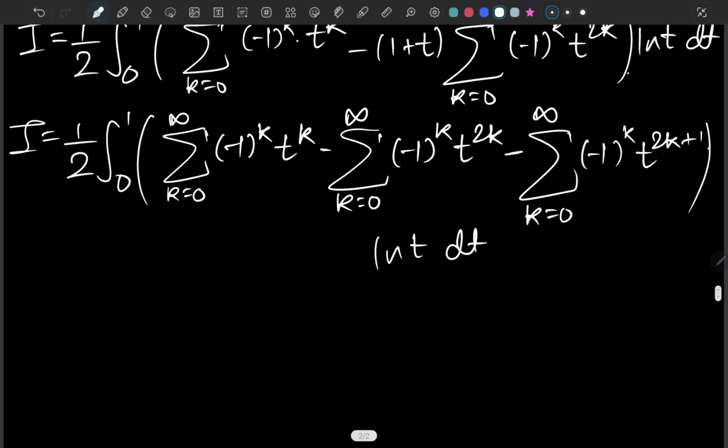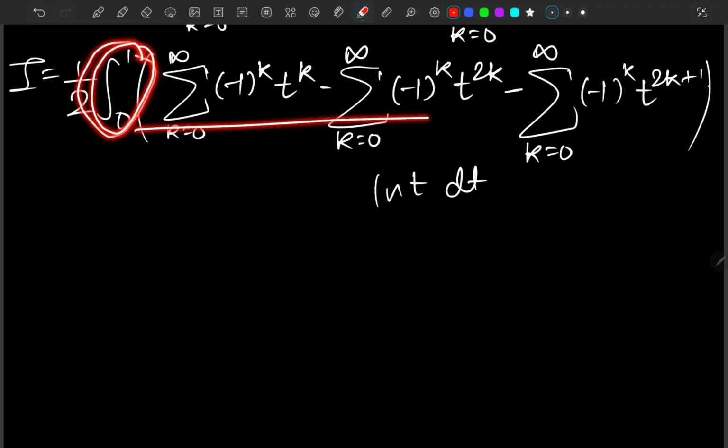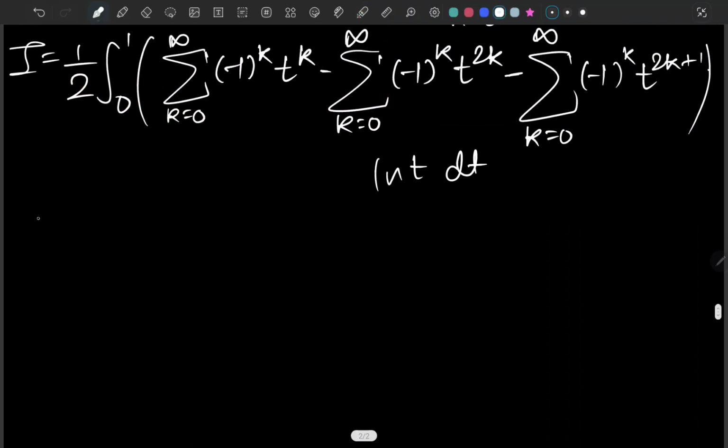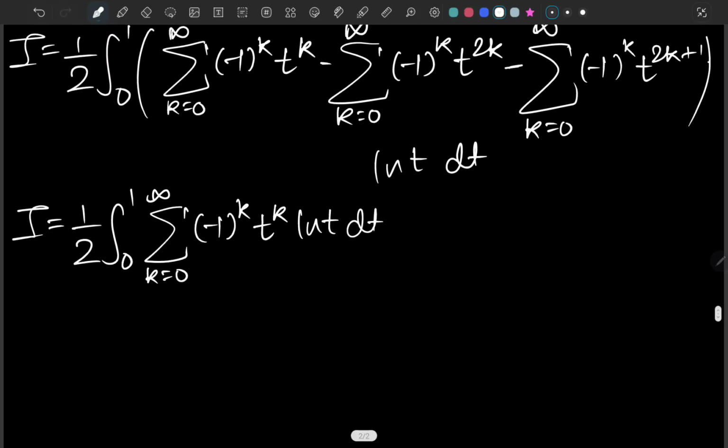Okay, now what I'm going to do next, I'm just going to multiply this integral in all these three things. So I comes out to be 1 over 2 integral from 0 to 1 the sum as k goes from 0 to infinity of negative 1 to the k t to the k dt. Oh, wait a second, I forgot about the ln t here, because that was also a factor, we need to care about that too.